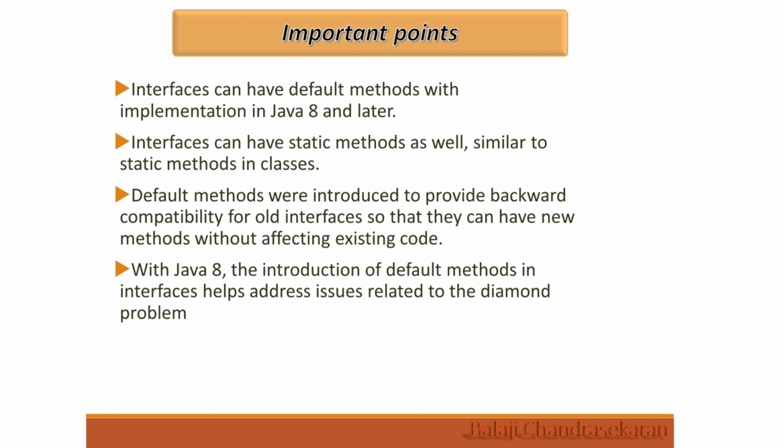The introduction of default methods in interfaces helps address issues related to the diamond problem. When a class implements multiple interfaces that have default methods with the same name and signature, the class must provide an explicit implementation, resolving potential conflicts. These features enhance the flexibility and functionality of interfaces in Java, allowing for more expressive and extensible designs.